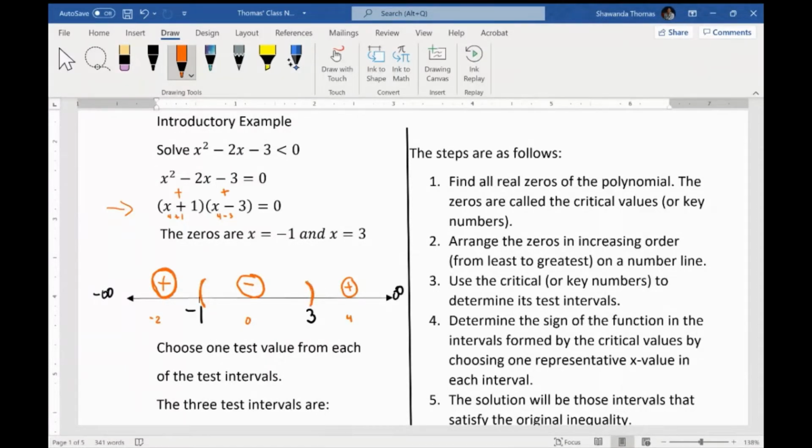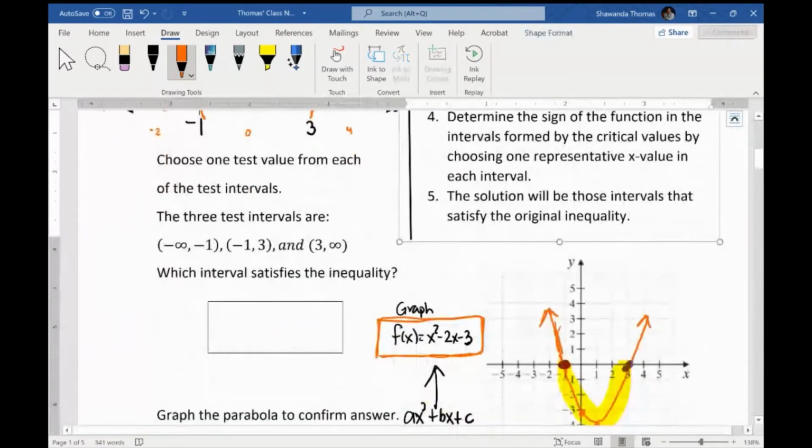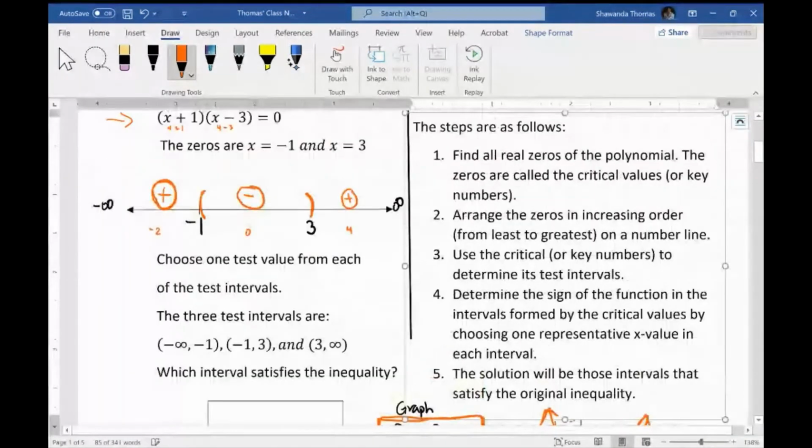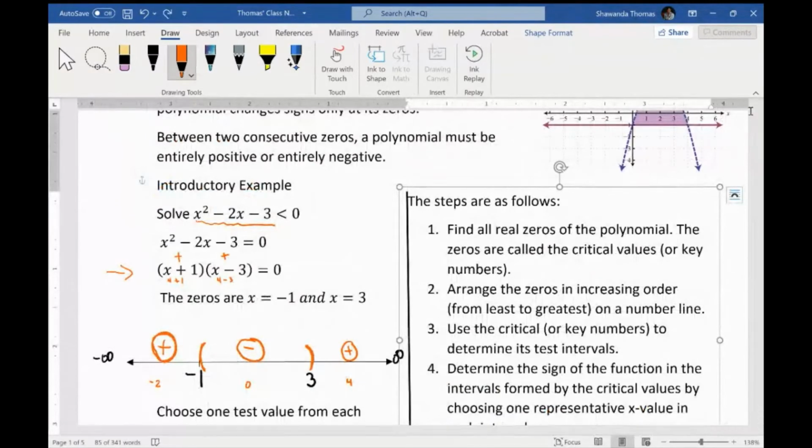That's the interval where this polynomial function is less than 0. Which interval satisfies the inequality? Between -1 and 3.